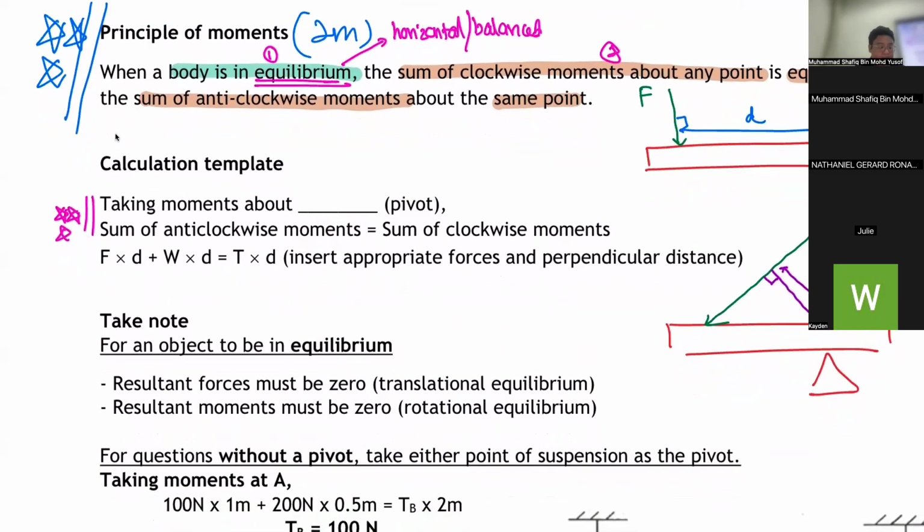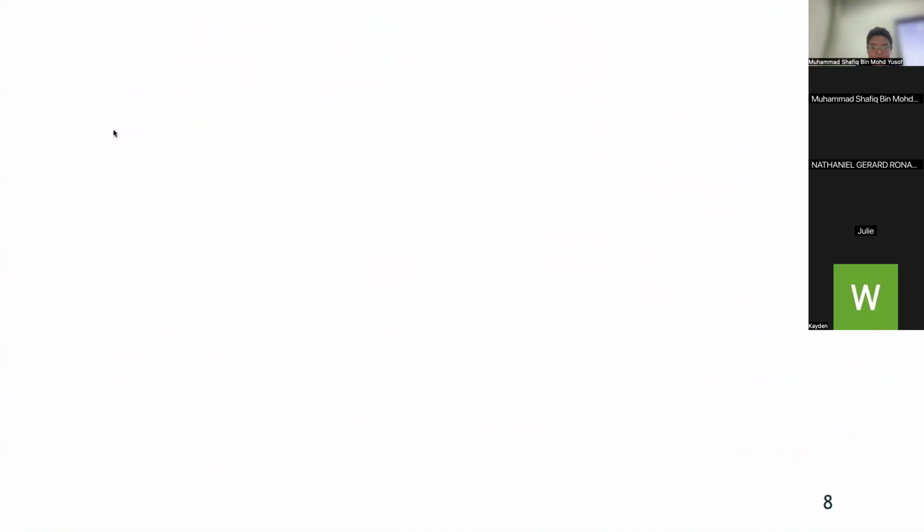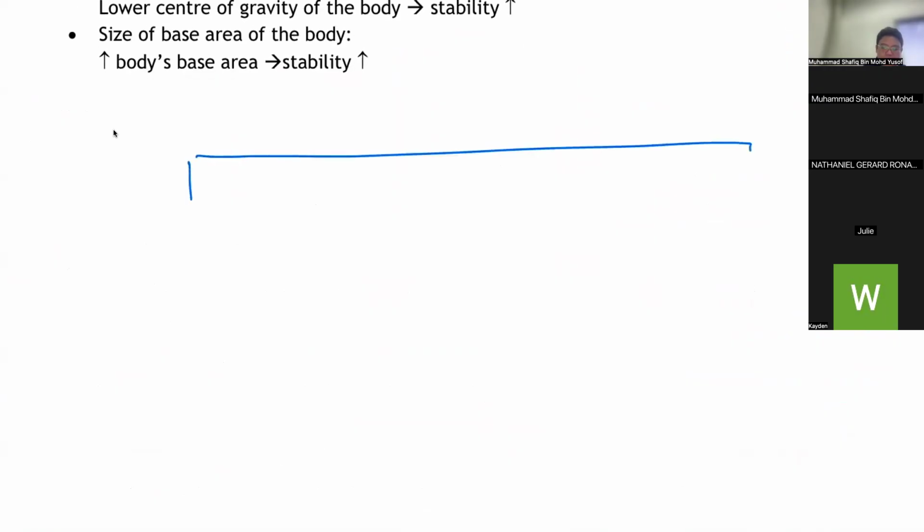Okay, anyway, I'm going to use the empty space here at the next page. So let's discuss some important things you need to take note about moment. Let's have this scenario.